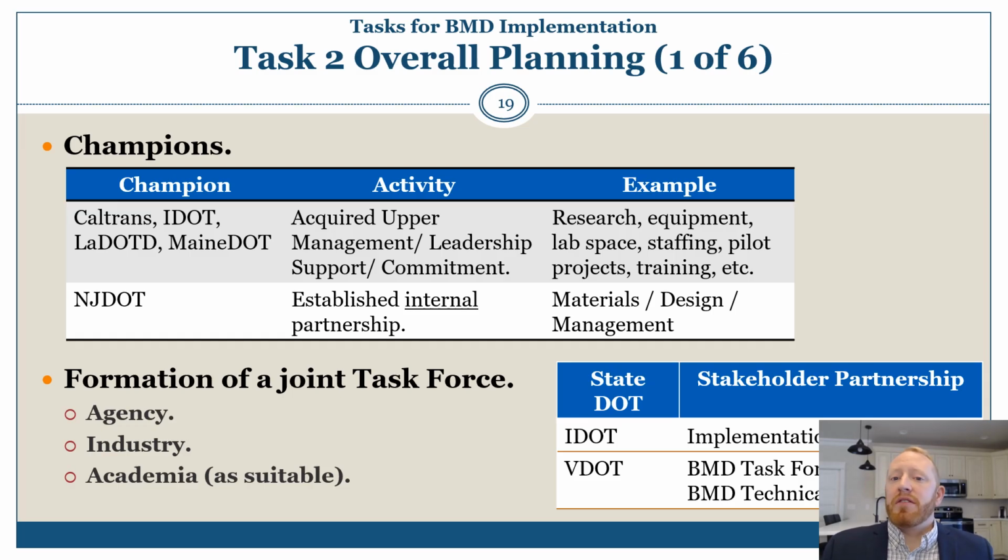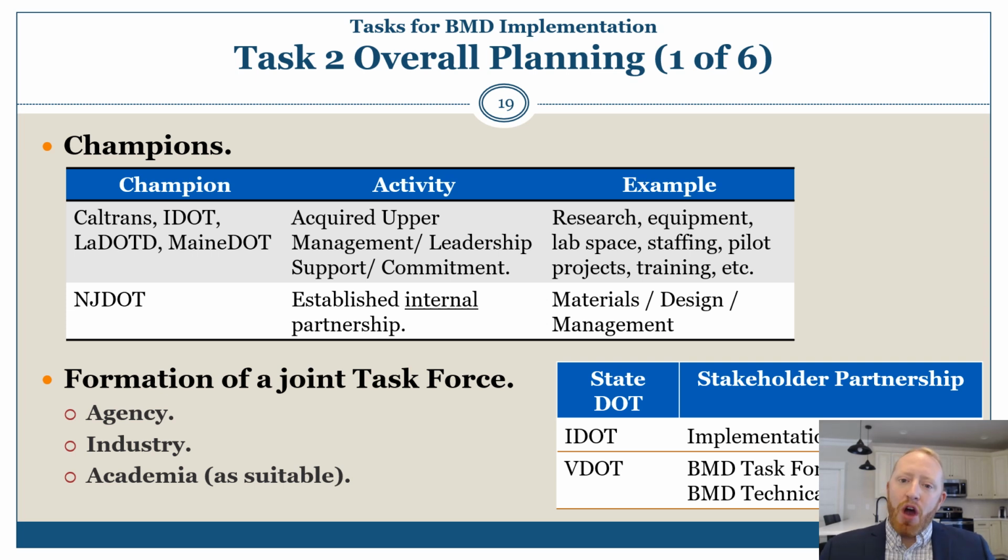BMD implementation will often go beyond just one part of a state DOT, be it materials, construction, or pavement design. So they had to establish an internal partnership between materials, mix design, and management to really make it happen.